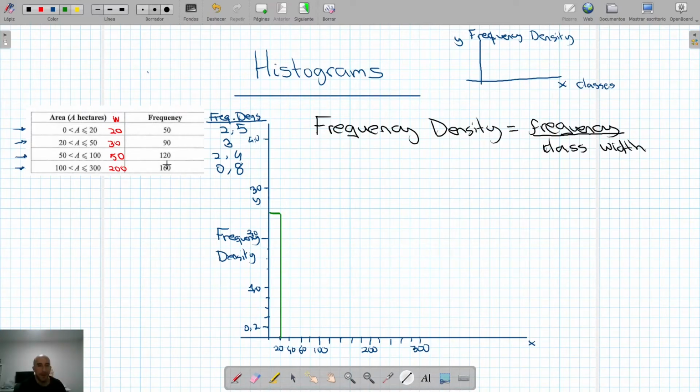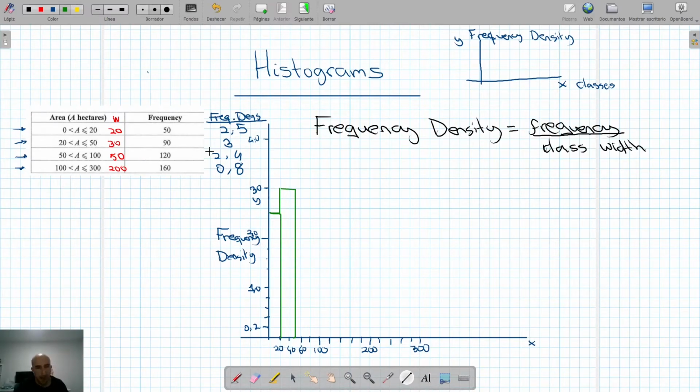That's correct. Now from 20 to 50, we're going to have 3, up here, and that's the second one.